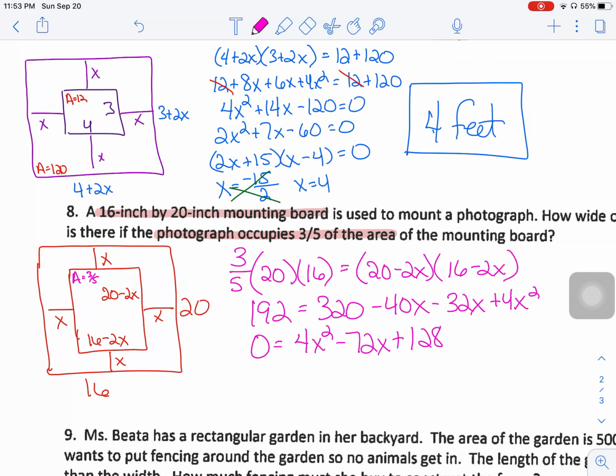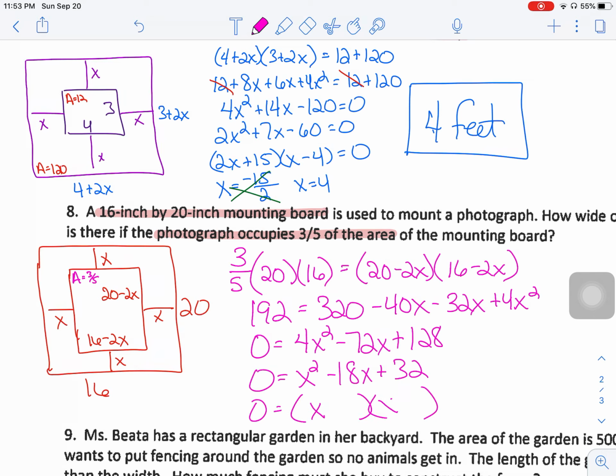I think we can actually divide this time by 4. Ooh, we can. I like that. Always nice to make the quadratics simpler to work with, and I highly recommend doing that type of simplification.